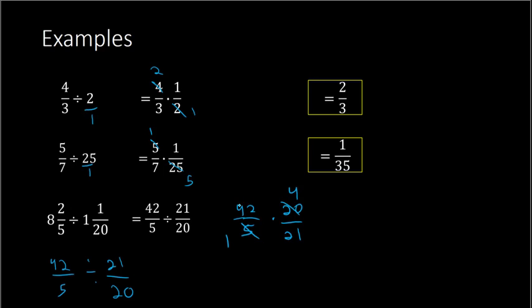So I can divide both by 21. That would give me 2, right? 42 divided by 21 is 2. 21 divided by 21 is going to be 1. So we have 2 times 4, which is 8, over 1 times 1, which is 1. So our final answer would equal 8.